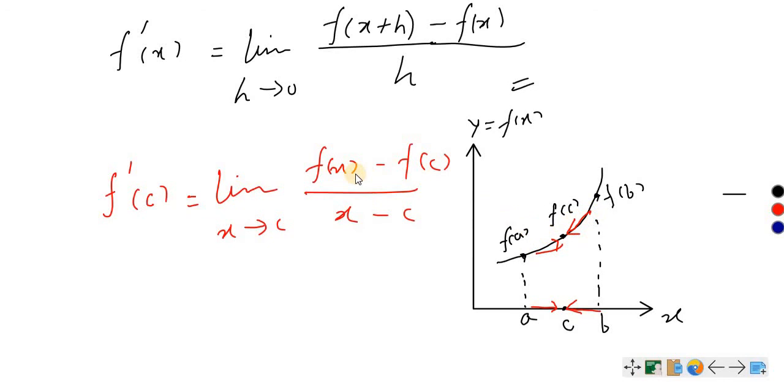So the difference between f of x and f of c will become smaller, smaller and smaller, and it will approach f of c. So this is also a form for the derivative of the function at a particular point c.